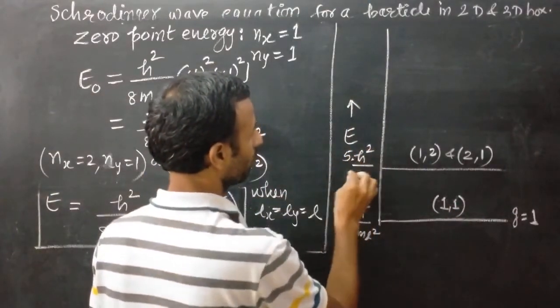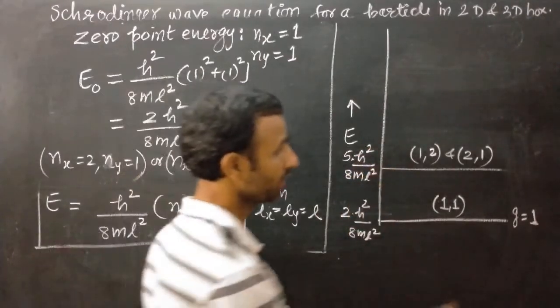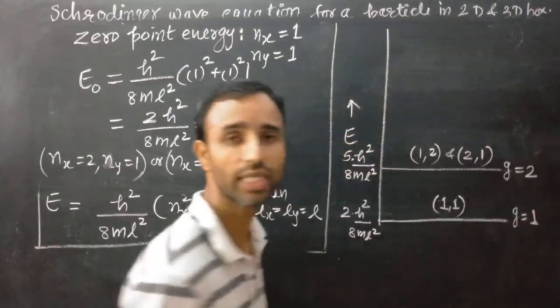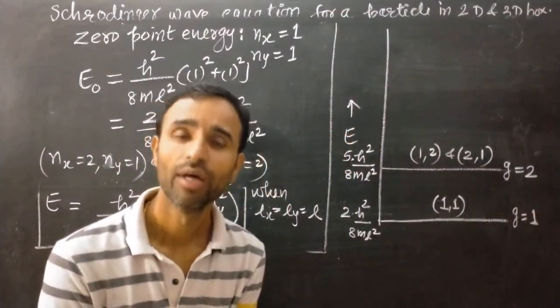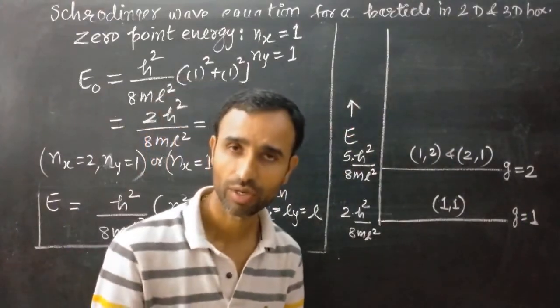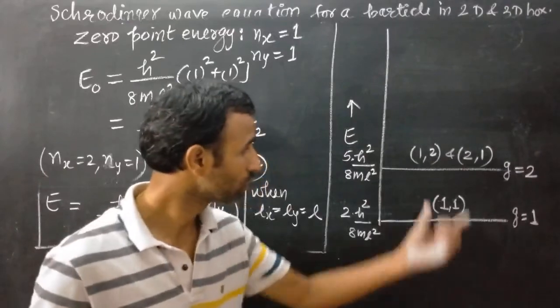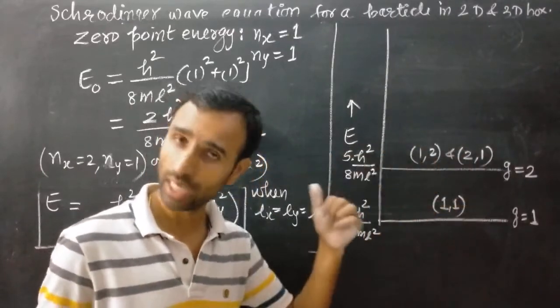So what is the degeneracy of this level? 2. Degeneracy is denoted by g. So what is degeneracy? The number of states having the same energy. There are 2 states that have the same energy.